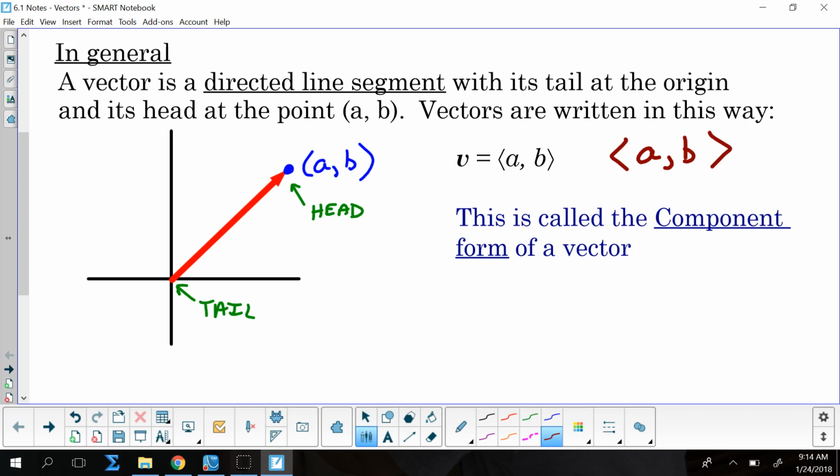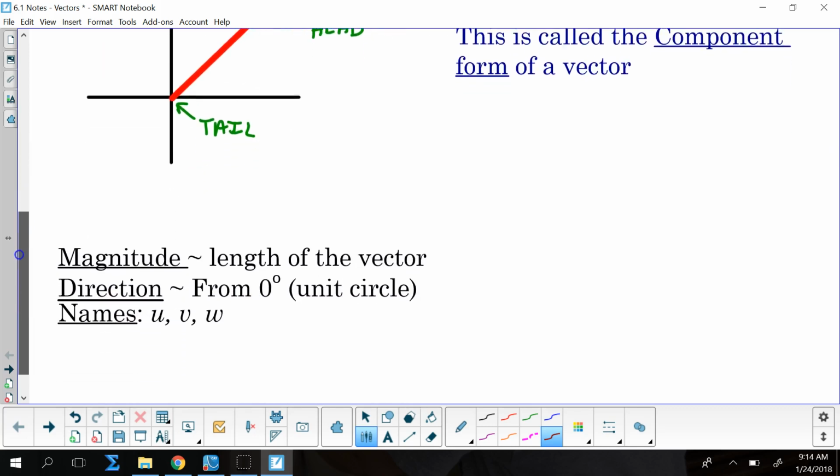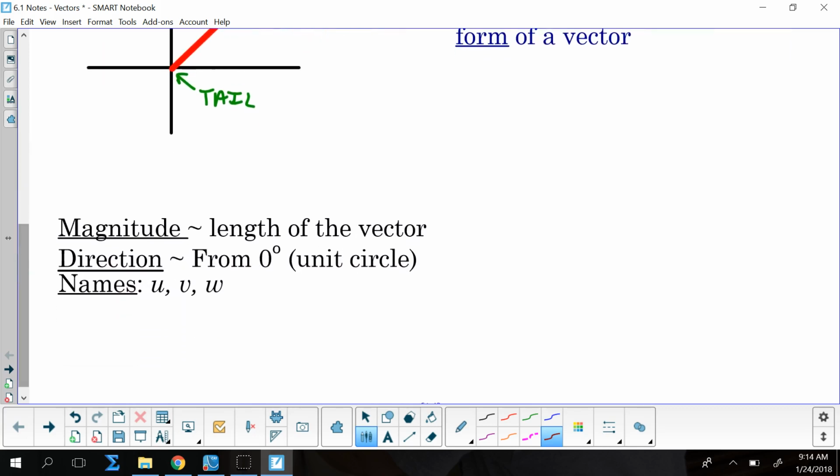Okay? This is called the component form of the vector. It will be the most common form of that vector. Okay? So the magnitude is the length of that vector, and we'll find out how to come up with length. Okay. Direction here now is the trig direction.